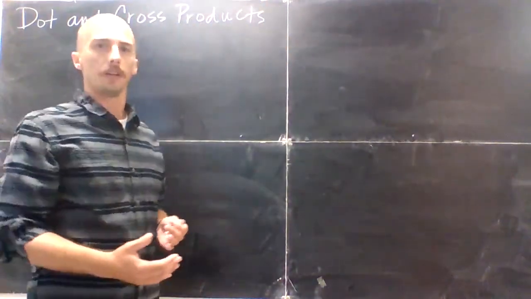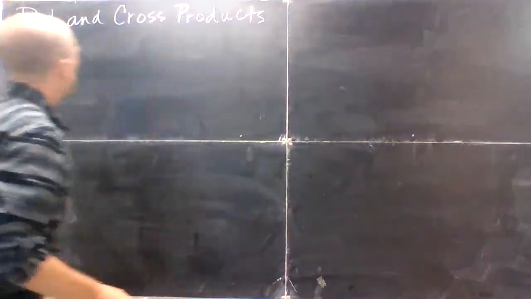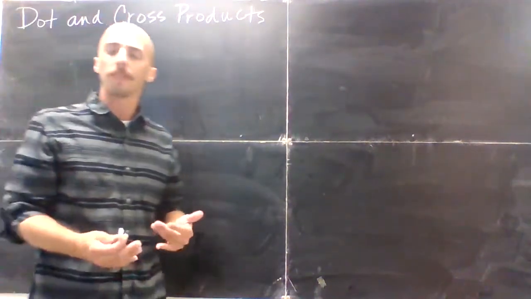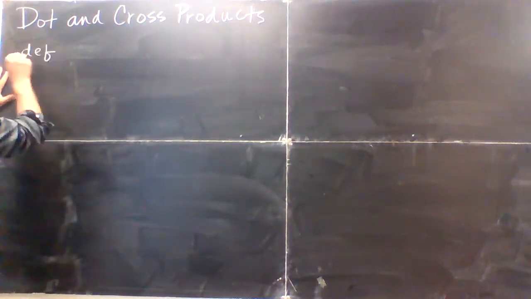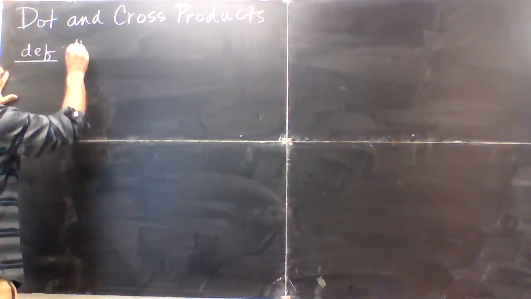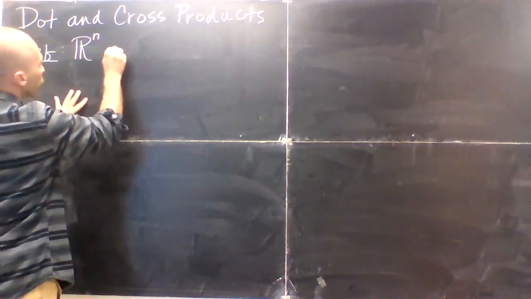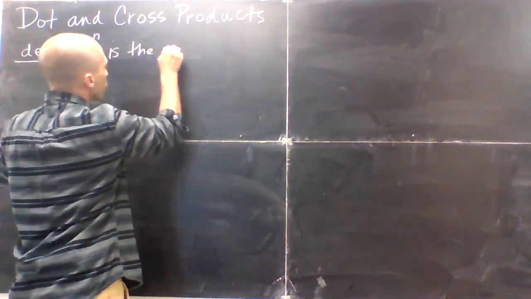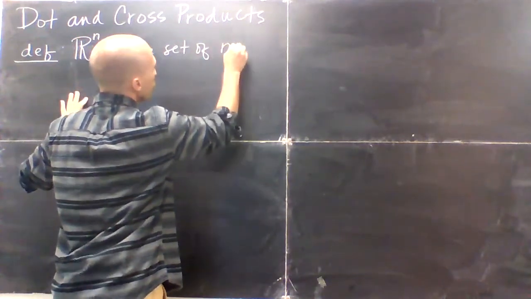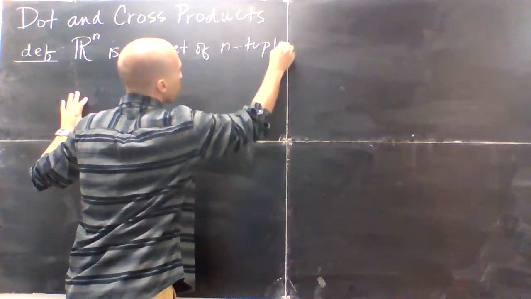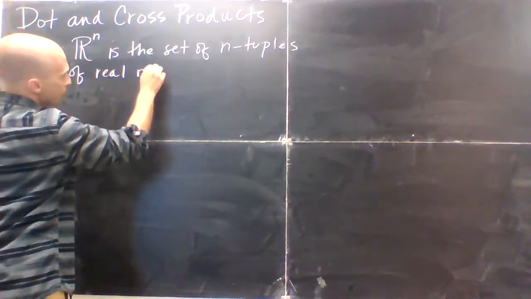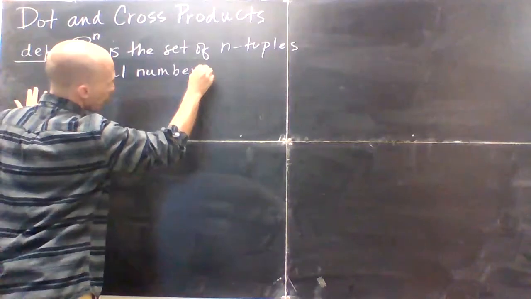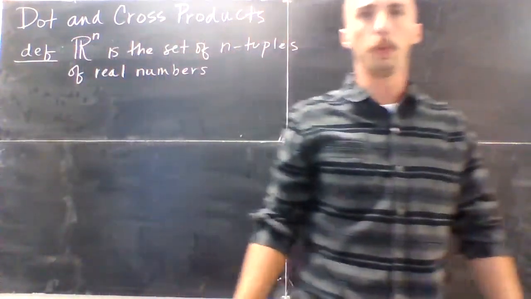Okay. First, I need to define kind of the space that we're going to be living in for the most part in this class. Okay, and that's going to be Rn, the set of all n-dimensional vectors. Okay, it's a set of all possible n tuples of real numbers.